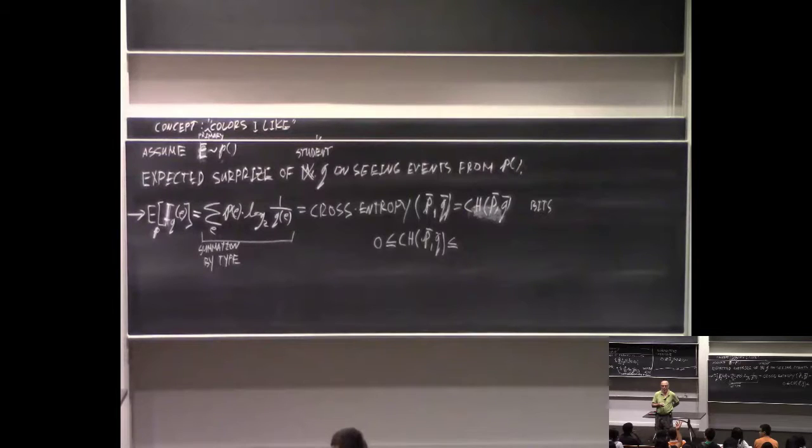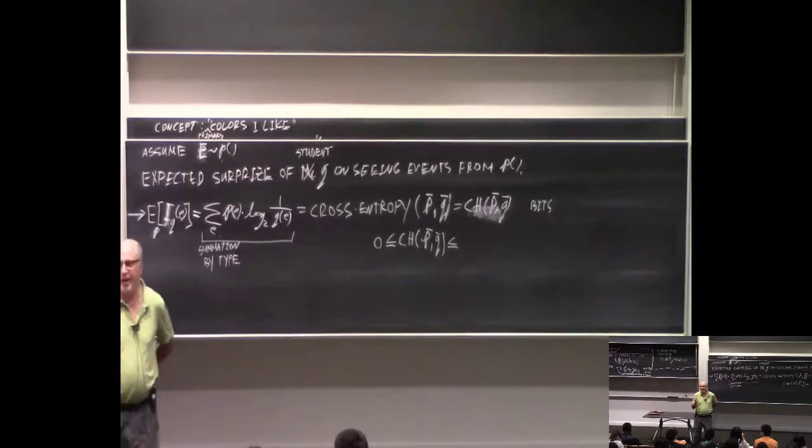So the person is not surprised at anything. It would require that the person is not surprised at anything, which means it requires that they know in advance what's going to happen. Can that happen? Yeah, if I have a coin and I know that it has a probability of 100% of landing on heads, maybe because it has 2 heads, and I keep flipping it, and I keep getting heads, I'm never surprised. Okay? So that's the only case. This is the extreme degenerate case. That's the only case where cross-entropy would be 0.